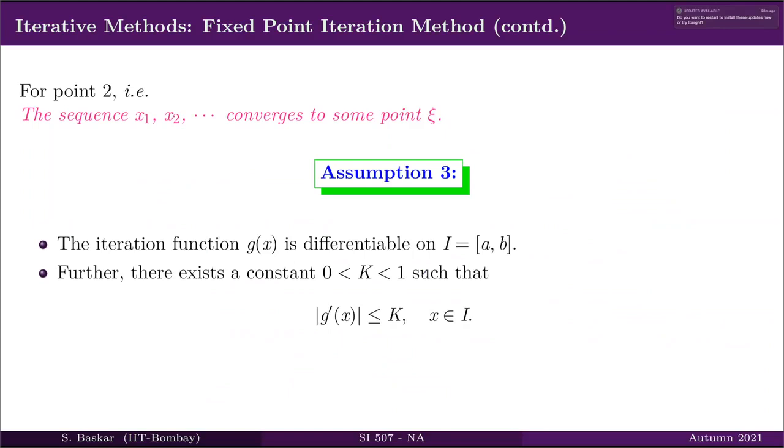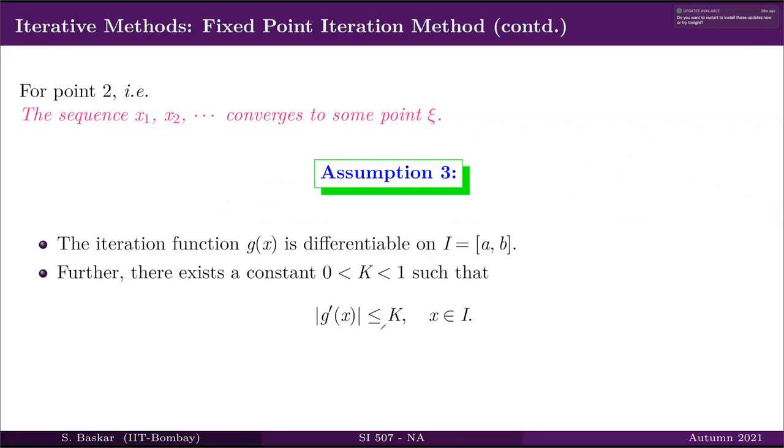Therefore, we take our assumption 3 as follows. The iteration function g should be differentiable in the interval where g is the self map, and further we should be able to find a constant k which is strictly less than 1, such that mod g dash of x should be less than or equal to k.